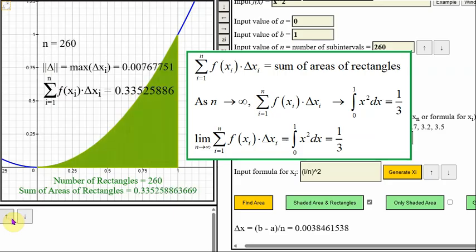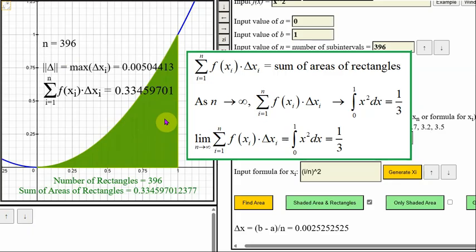Recall that the exact area was 1/3 when we used the definite integral at the beginning of the video. And so this is the case where n increases. As n approaches infinity, the sum of the areas of the rectangles approaches the exact area of 1/3.